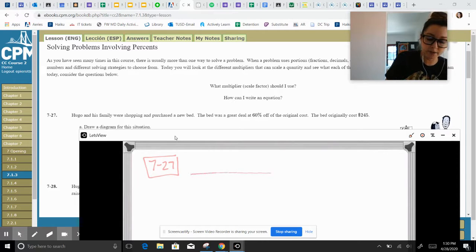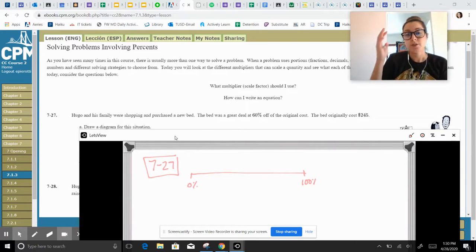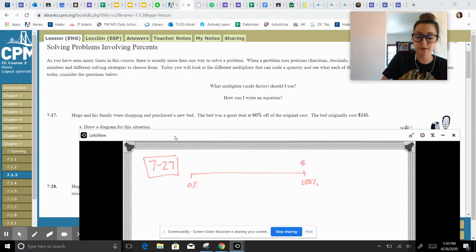We're just going to do a simple line diagram to show how much they're going to be paying for this new bed. So obviously we're talking about percents. That's why I labeled 0 and 100%, because those are our two extremes. We know right now that the cost of the bed is $245 originally. So that $245 is going to be our 100% cost.